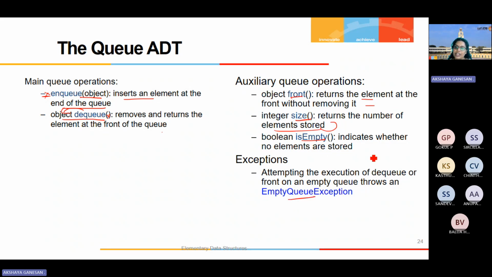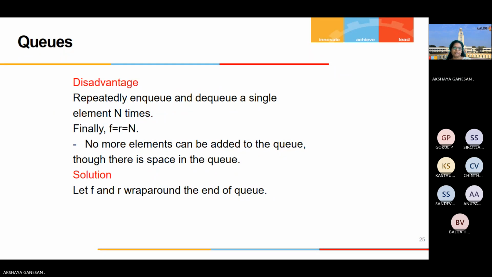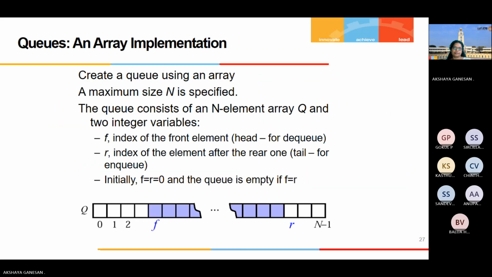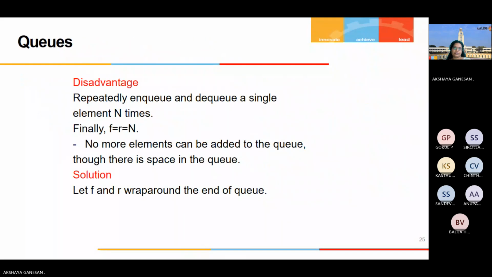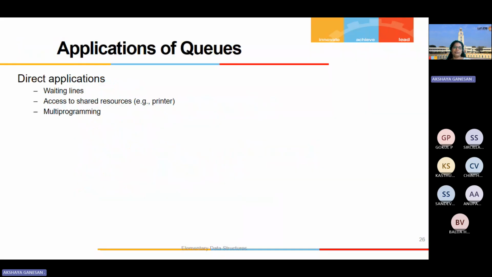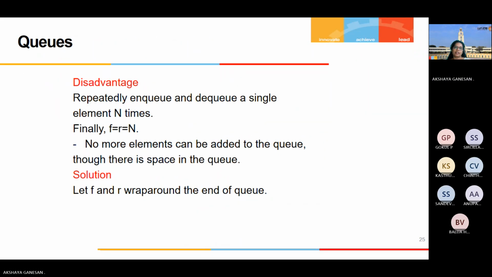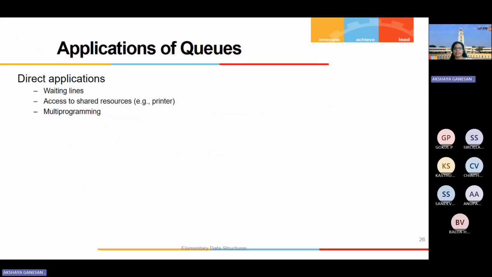So you always have to check whether it is empty before doing those operations. I will come to the disadvantages after explaining the queue implementation.